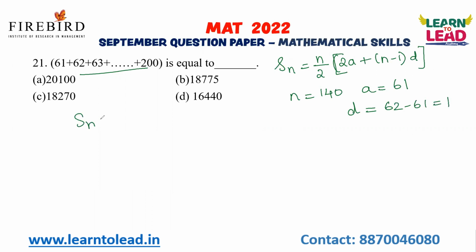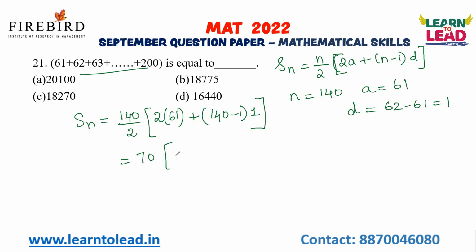Now substitute in this formula, n is equal to 140 by 2. You'll get 2 into, what is the value of a? 61, plus n minus 1. What is n minus 1? 140 minus 1 into difference 1. So 70 into 2 into 61 is 122 plus 139.